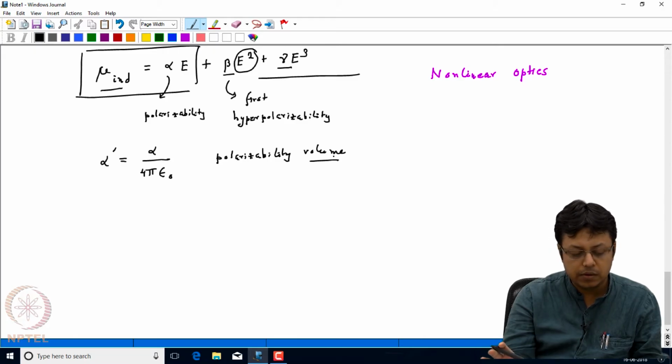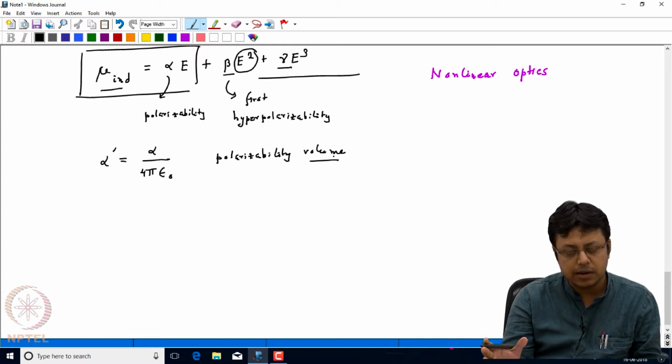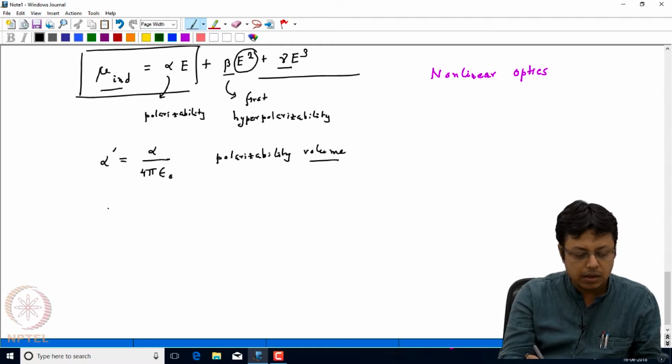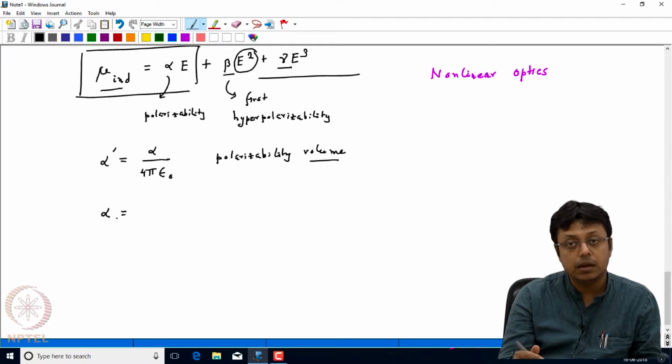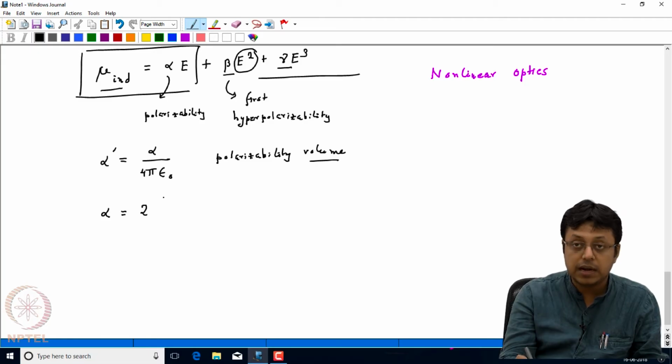Now, why it takes the dimension of volume is something we can understand from a very different perspective. If we want to write the quantum mechanical expression for the polarizability using second order perturbation theory, I am just writing the expression for you, and we have something like mu.